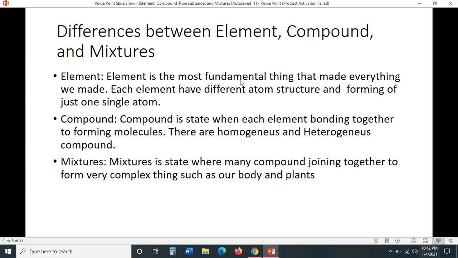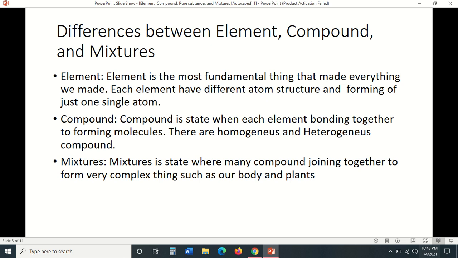So an element is the most fundamental thing that makes everything. What makes elements different from each other is the protons, neutrons, and electrons inside. An element is made from a single atom, and it depends on how many protons there are. So you know what an element is. Examples are nitrogen, hydrogen, helium, carbon, oxygen, and many more.